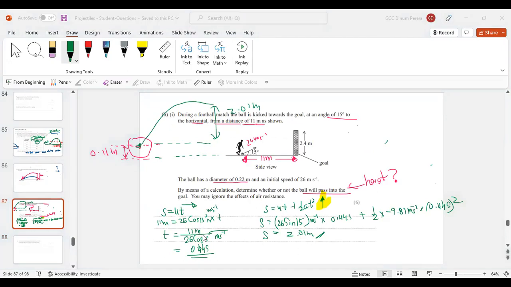If it decelerates horizontally, the ball will travel less horizontal distance. So the ball will travel slowly, so it will take longer time to reach the goal.